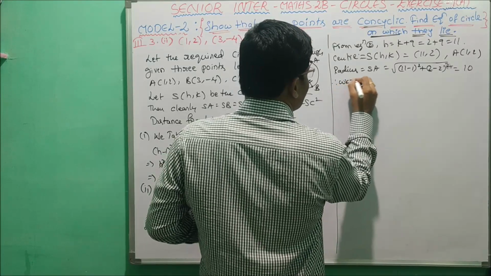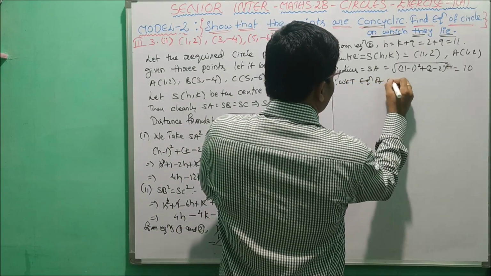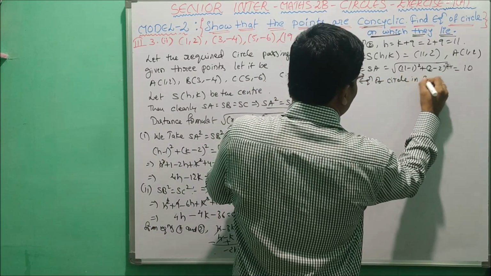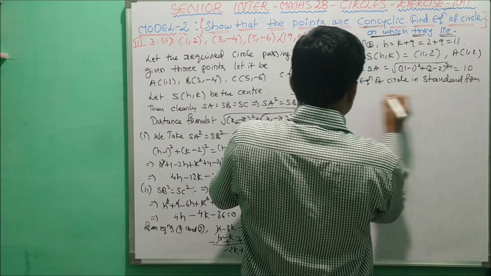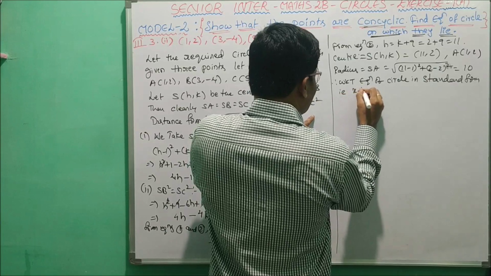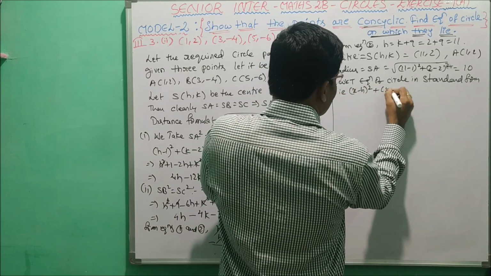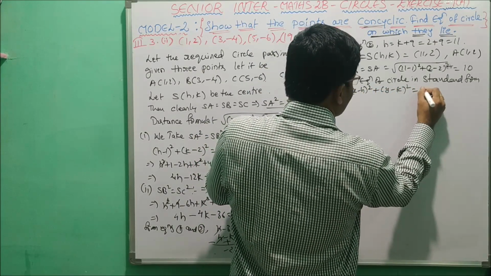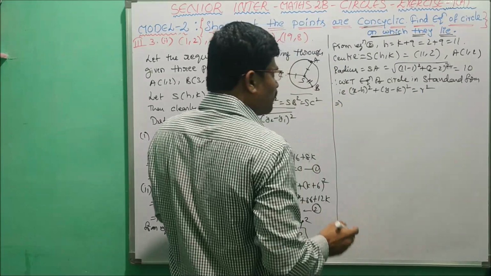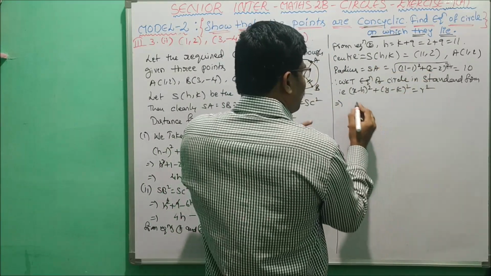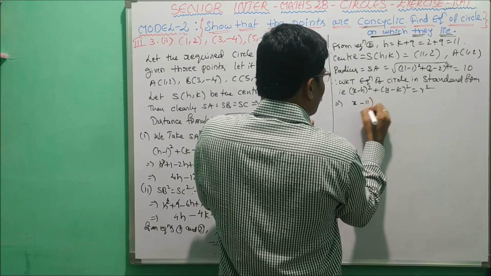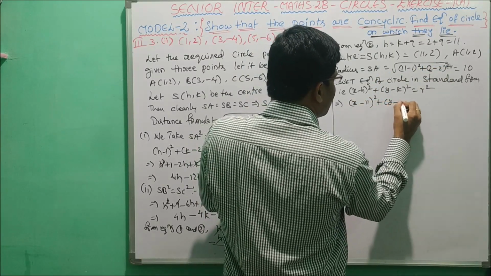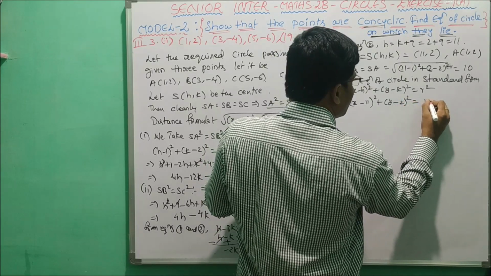We know the equation of a circle in standard form, that is (x minus h) whole square plus (y minus k) whole square equals r square. Here we substitute the center and radius. So (x minus 11) whole square plus (y minus 2) whole square equals 10 square.